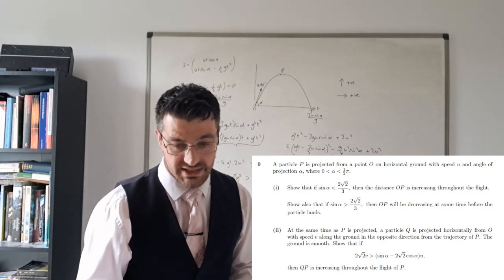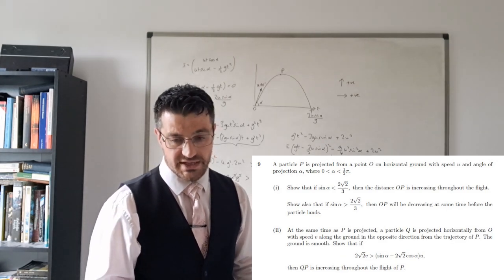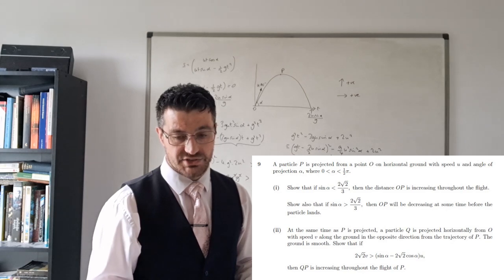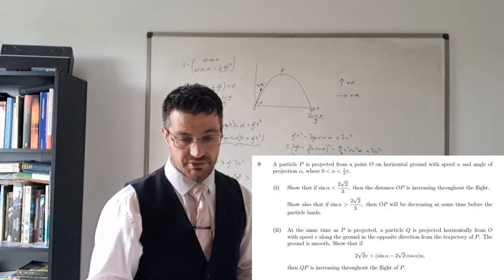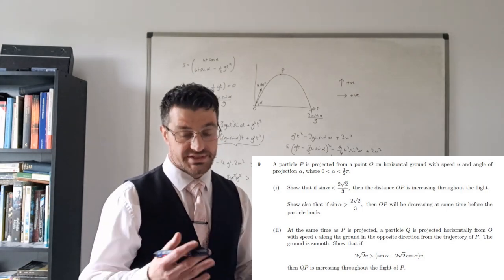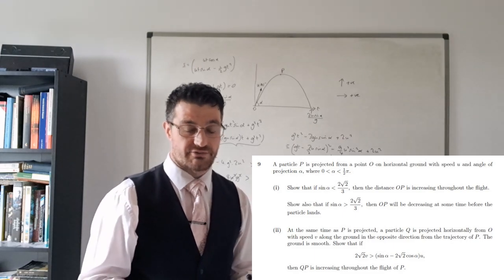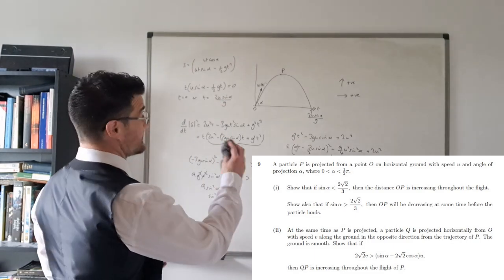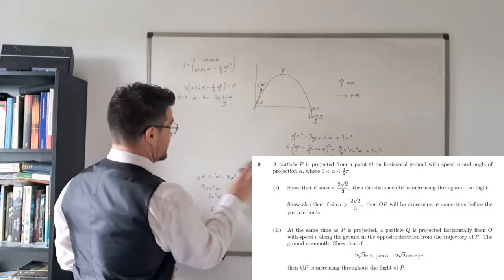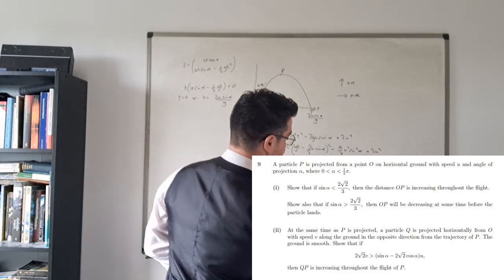Show that if 2 root 2 v is greater than sine alpha minus 2 root 2 cos alpha times u, then the distance QP is increasing throughout the flight of P. So there's a lot of information there. Let's see where we get to with this one.